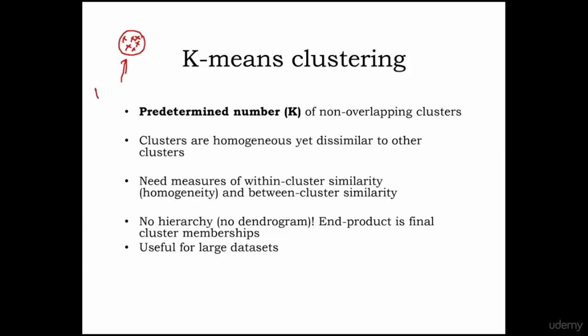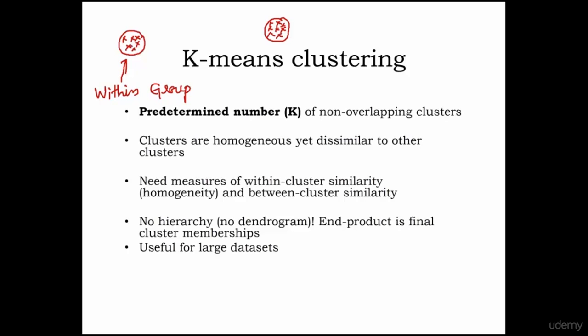This is called within group. So within a group there has to be a lot of similarity, because we have the related people in this group. And here also, within this cluster, there has to be a lot of similarity within the group.